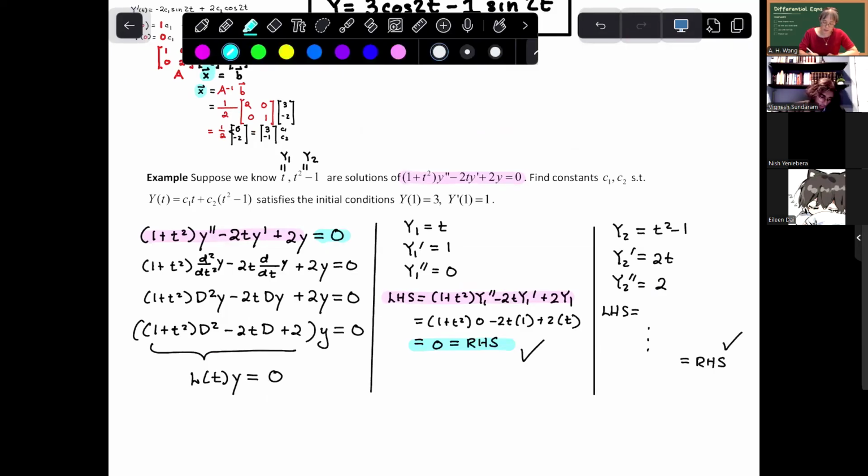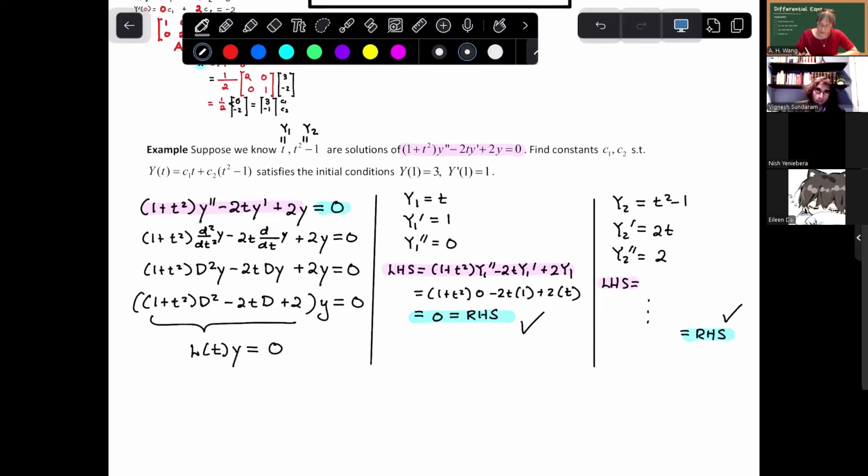You're still going to plug it in, and then check the left-hand side equals the right-hand side. However, make sure you understand, if you're going to figure out the interval of definition, you need to put this into what? Normal form.